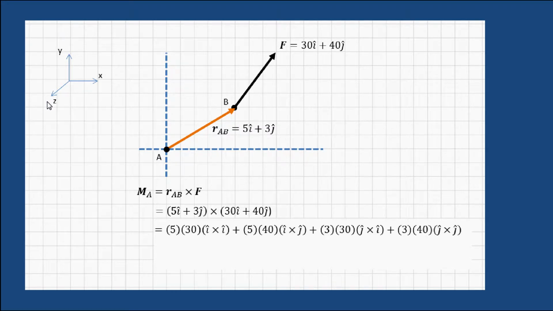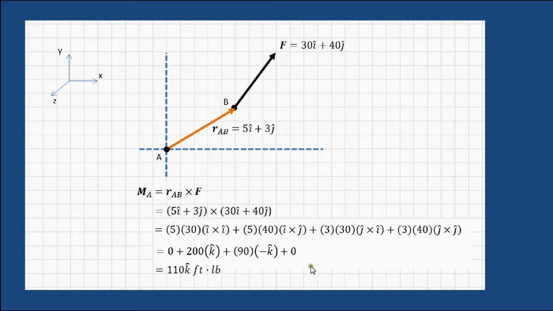So we can finish the calculation: i cross i is 0, 5 times 40 is 200, i cross j is k, 3 times 30 is 90, j cross i is negative k, and again the 3 times 40 with the j cross j equals 0.